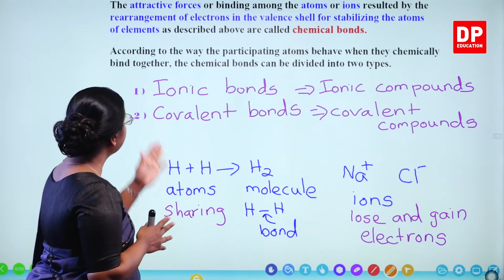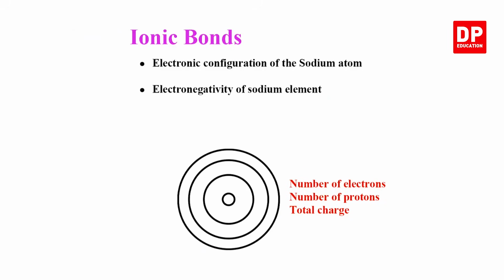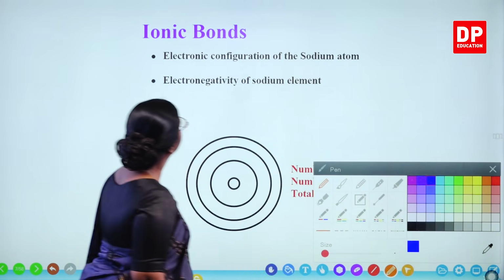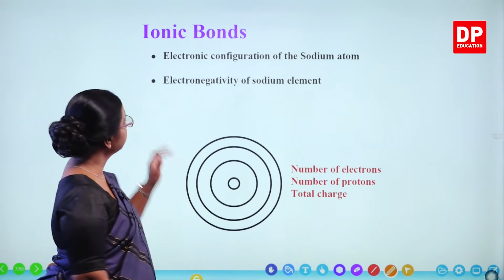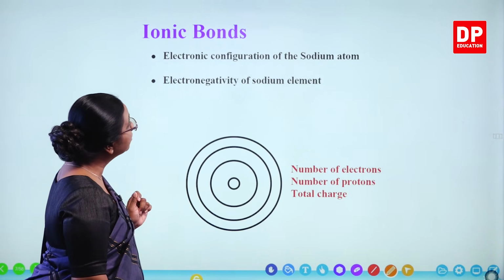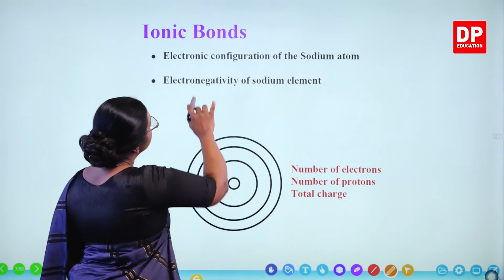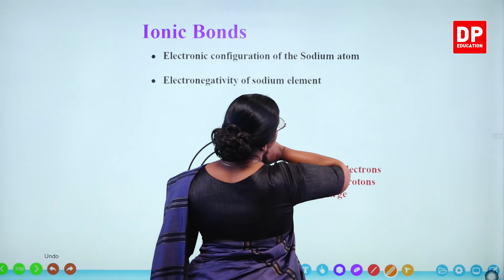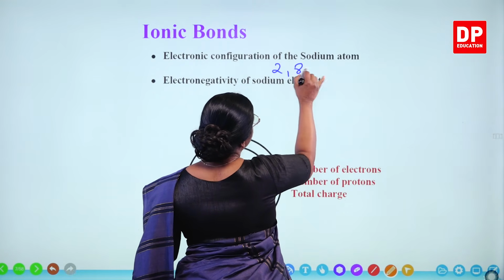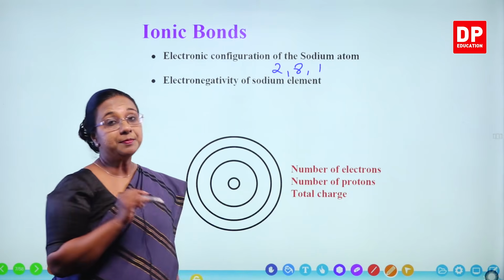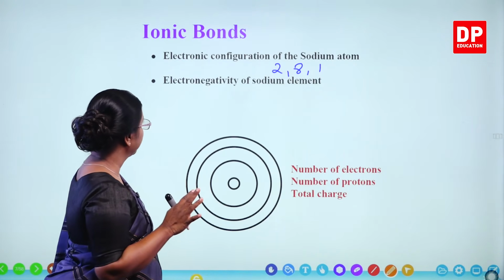Now we will discuss what ionic bonds are. To understand ionic bonds, first we will look at the electronic configuration of the sodium atom. The electronic configuration of the sodium atom, you all know, is 2, 8, 1. Why? Because sodium has atomic number 11.